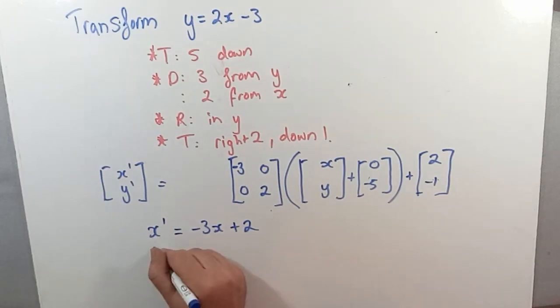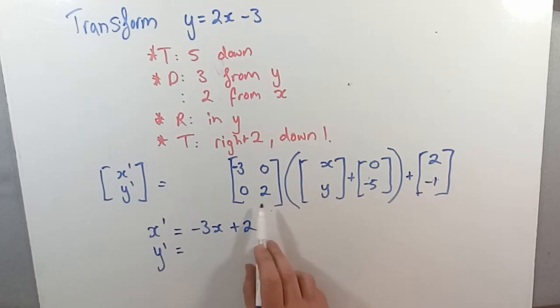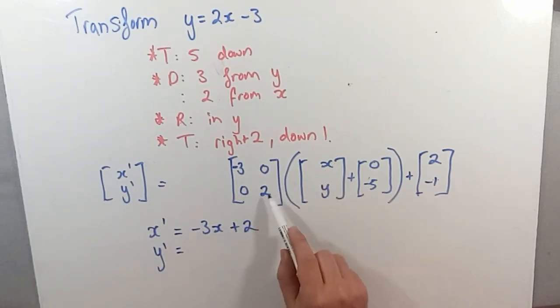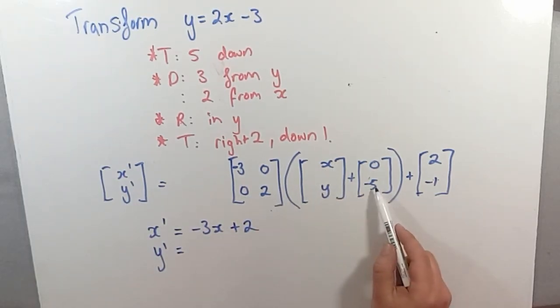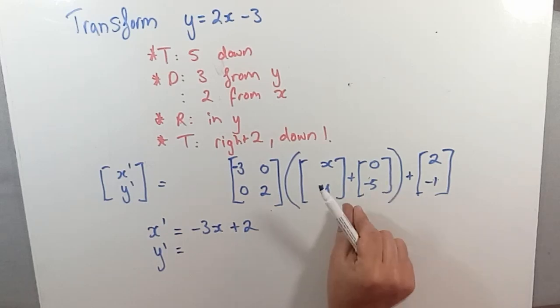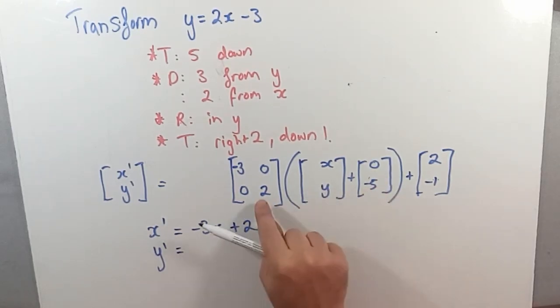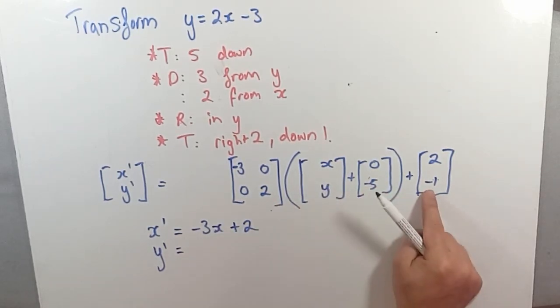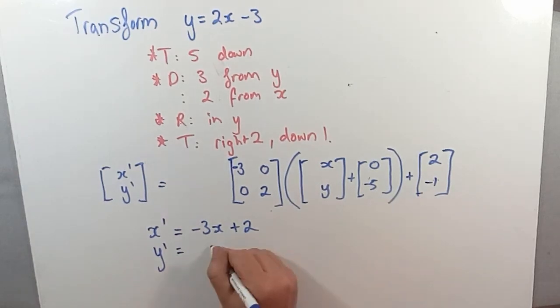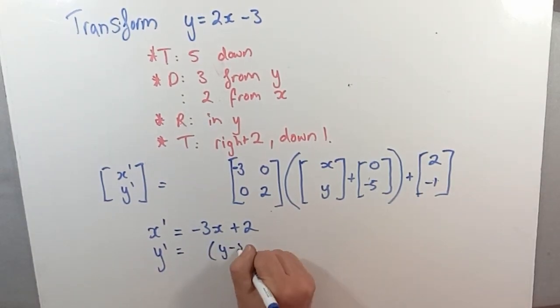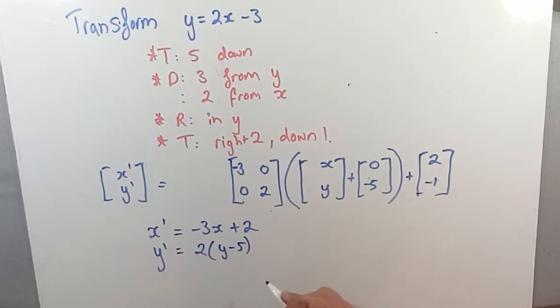Then our y image equals the bottom row, so 0x plus 2y minus 5. So y minus 5 multiplied by 2, then take away 1.